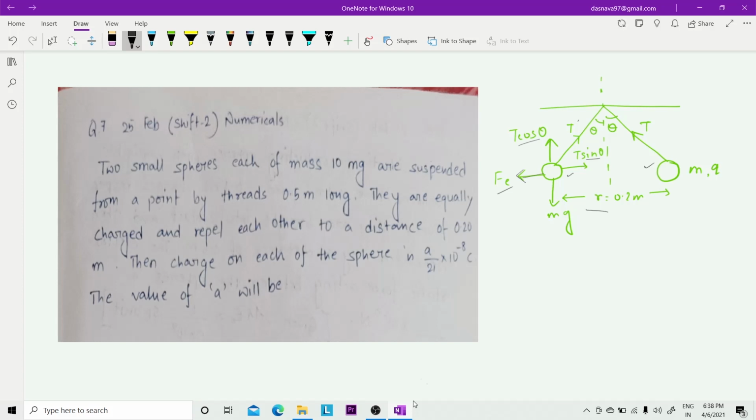So T sin theta equals Fe, which is Coulomb's force, k q square by r square, where q is the charge on each sphere, and T cos theta equals mg.